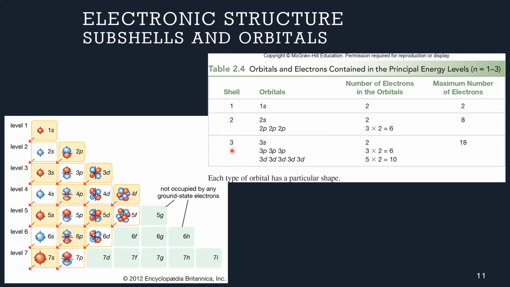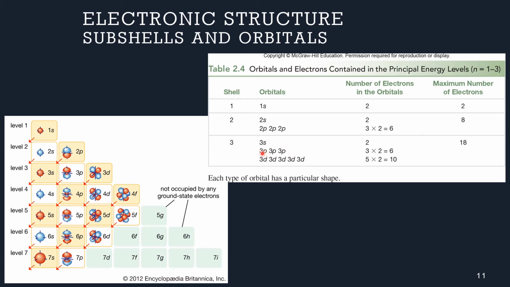All right, when you move up to the third shell, we're looking at subshells and orbitals. We've got 3s. Remember, there's only one s orbital possible. For the p orbitals, we have 3 possibilities: 3p, 3p, 3p.